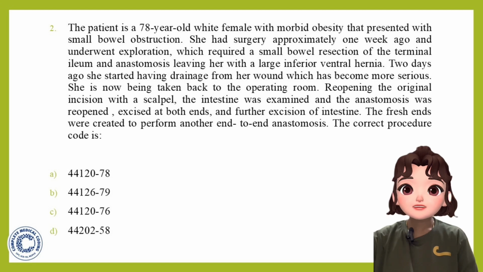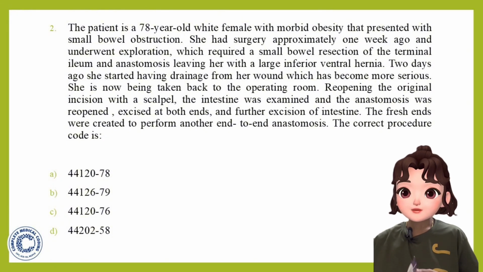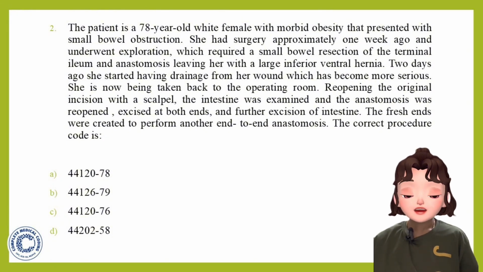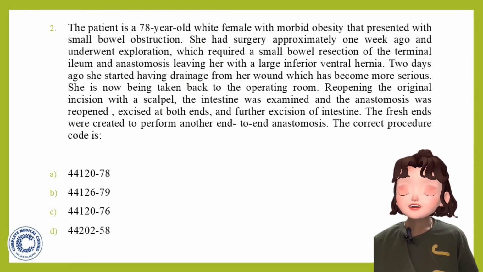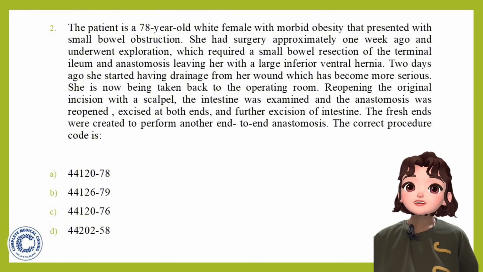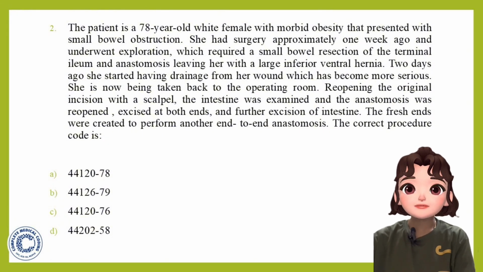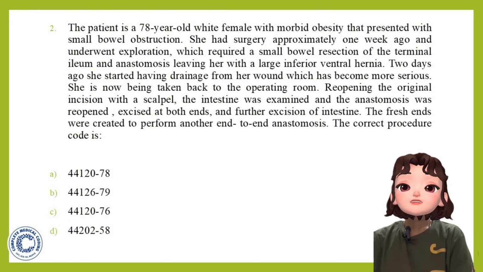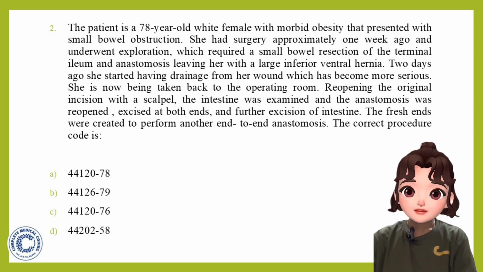Now, option C again is 44120, only the modifiers are different. I'll come back to that. And what is 44202 in option D? 44202 is laparoscopy surgical enterectomy. No, this is not laparoscopy. Nothing is mentioned about laparoscopy, so that's wrong. So we got the code as 44120.